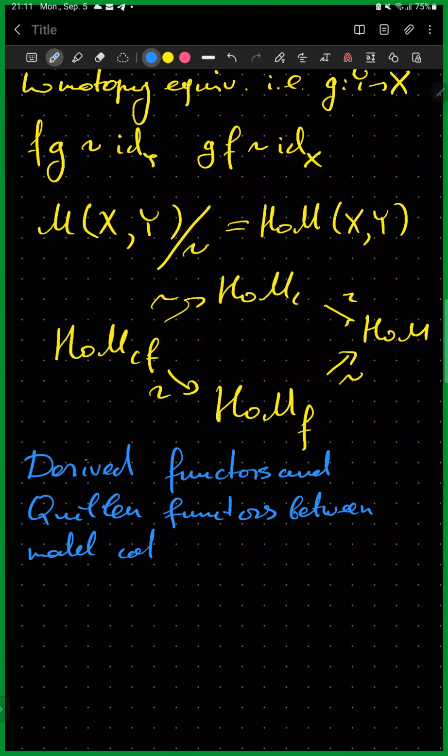So, assume that we have a functor G from M to N, where M and N are model categories, or more generally, just categories with weak equivalences.